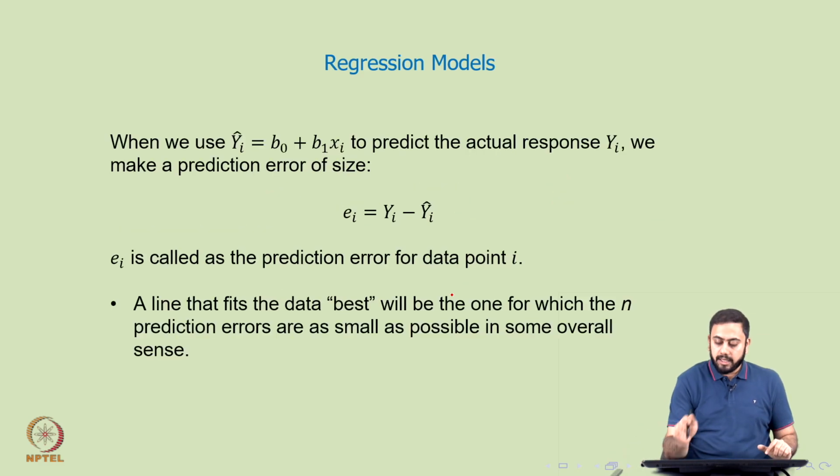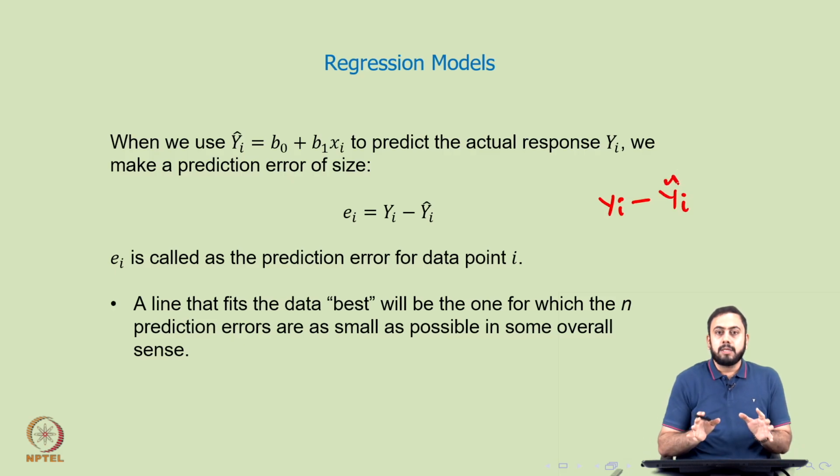Alright, now again I think we talked about the same important point in the last session, that on one hand you have the observed yi, on the other hand you have the predicted response, which is yi hat. So we have to somehow quantify the error that you are making through the regression model. And how do you capture the error? So a very simple idea is to simply take the difference. So yi minus yi hat.